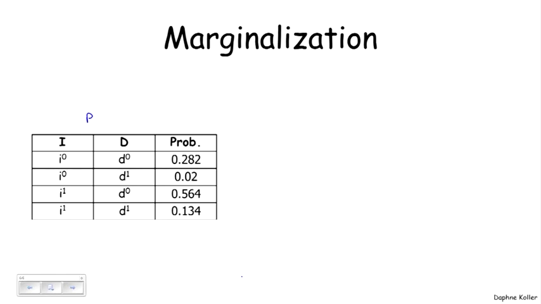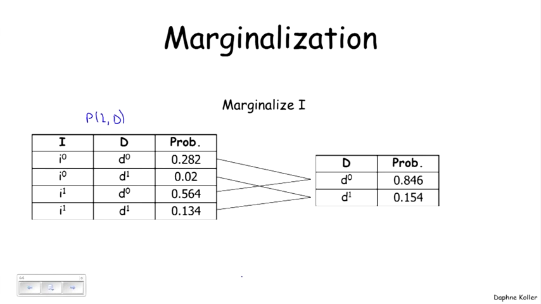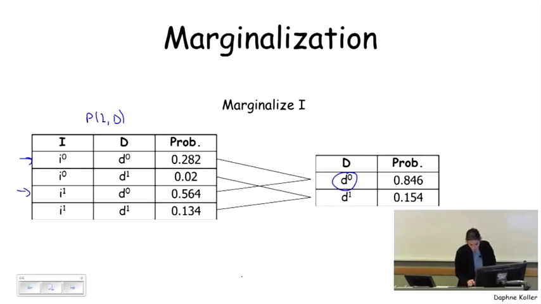So in this case, we have a probability distribution over I and D. And we say we want to marginalize I, which means we're going to sum up, throw away I and restrict attention to D. So, for example, if I want to compute the probability of D0, I'm going to add up both of the entries that have D0 associated with them, the one corresponding to I0 and the one corresponding to I1. And that's the marginalization of this probability distribution.